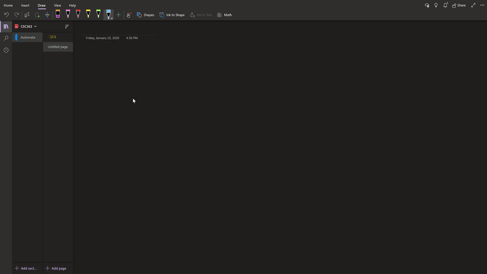So let me actually write it out as an example. Let's talk about strings. We have a set of states. Let's say Q is the starting state, state 1, state 2, state 3.